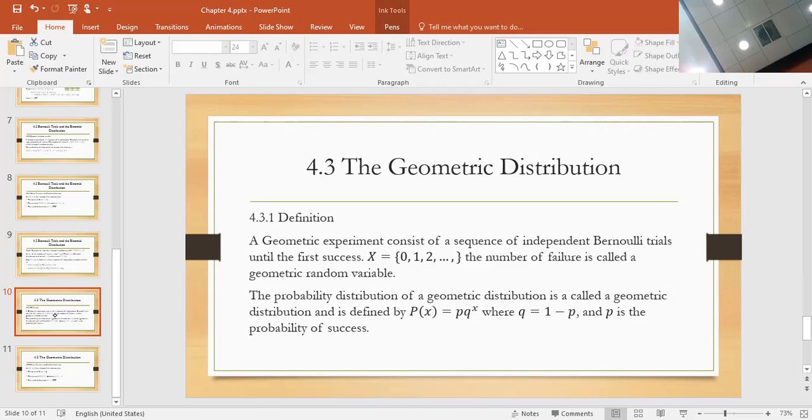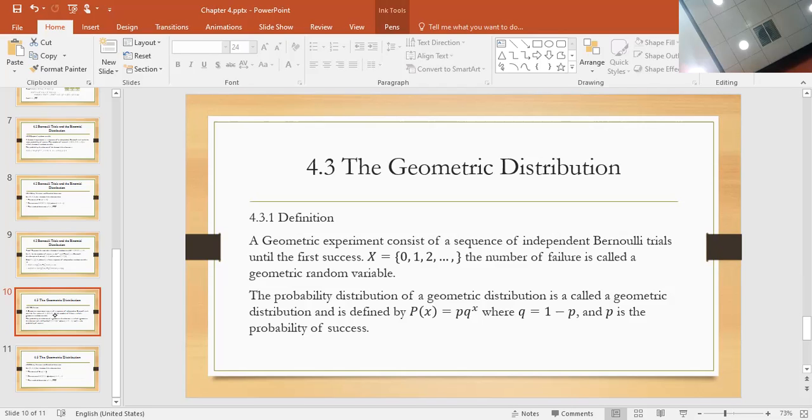I want you to know that some people define the geometric distribution as the number of trials, and in our course, in Math 215 and Stat 205, it is defined as the number of trials up to the first success. In this class, we are defining it as the number of failures before the first success.